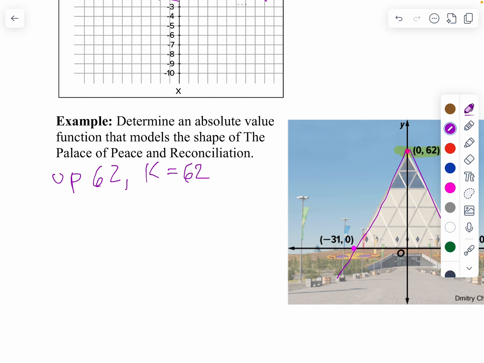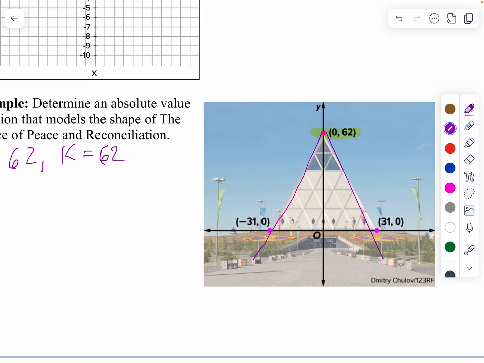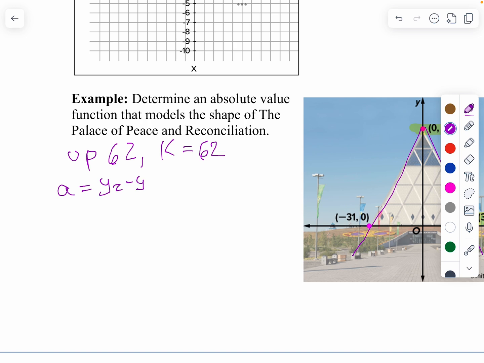Now, A is kind of like slope, but I always want to go to the right because otherwise, if I go to the left, I have to think backwards. So I'm going to use these 2 points: 0, 62 and 31, 0. And I'm going to find essentially the slope. So A equals y2 minus y1 over x2 minus x1.